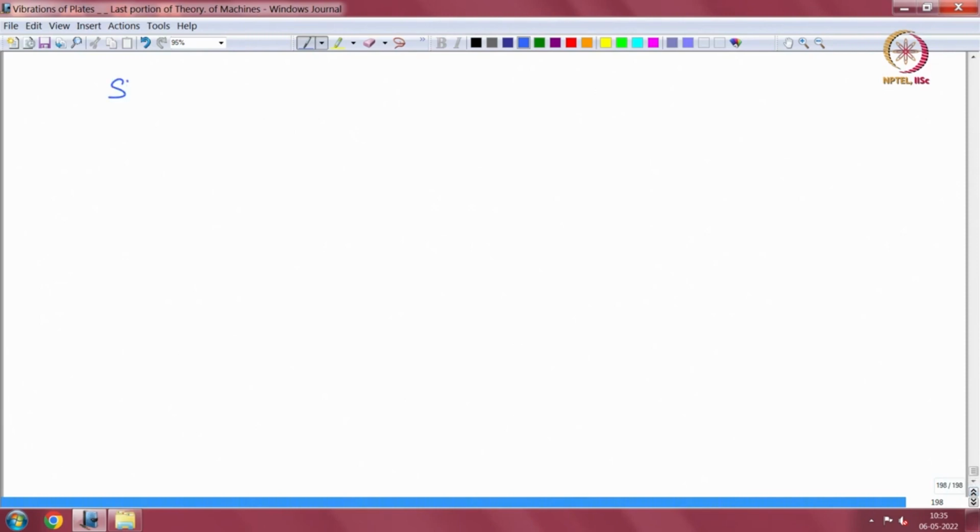Now, stiffening can be done to strengthen an element, let us say in a static case, gives a support.